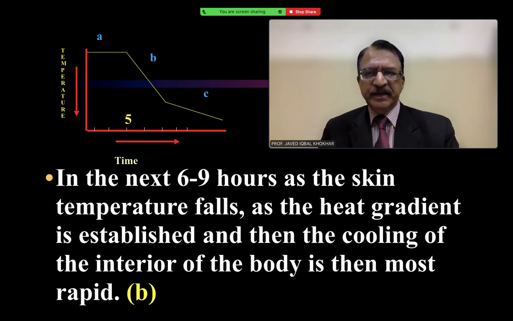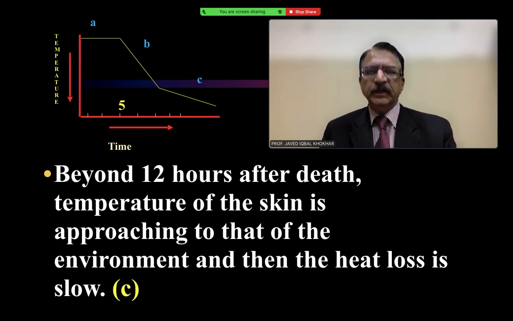Then the part B, next 6 to 9 hours, the skin temperature falls and a heat gradient is established between the environment and the body, and then there is a rapid fall. Then after 12 hours, the C is showing a slow fall.